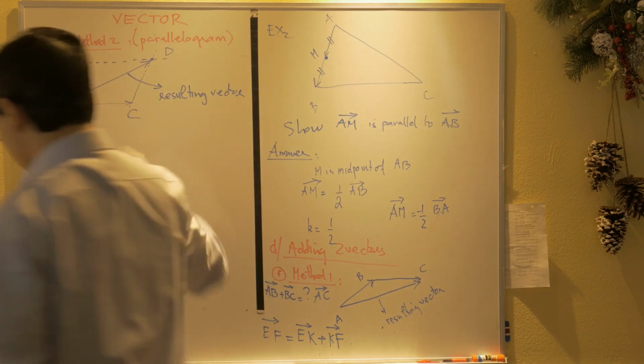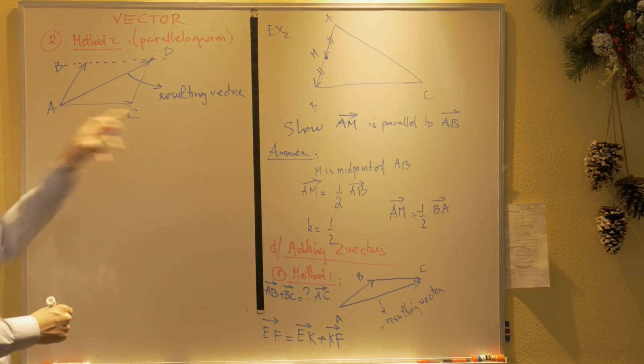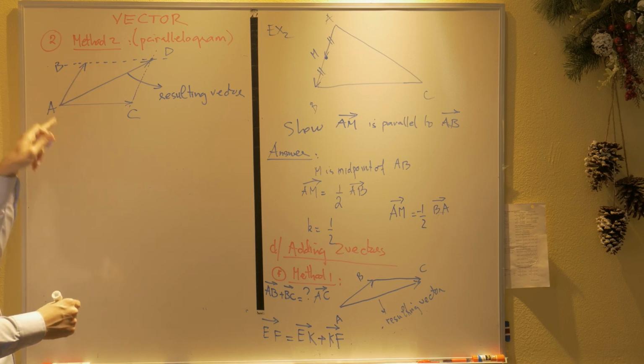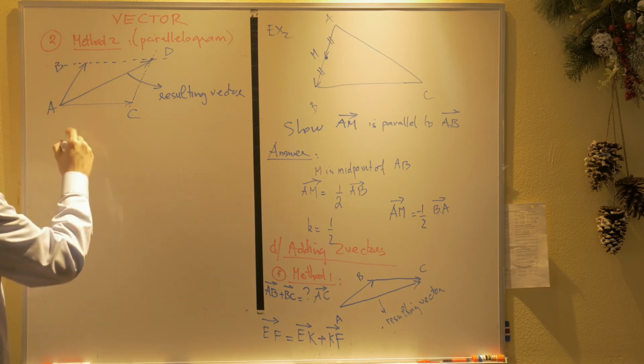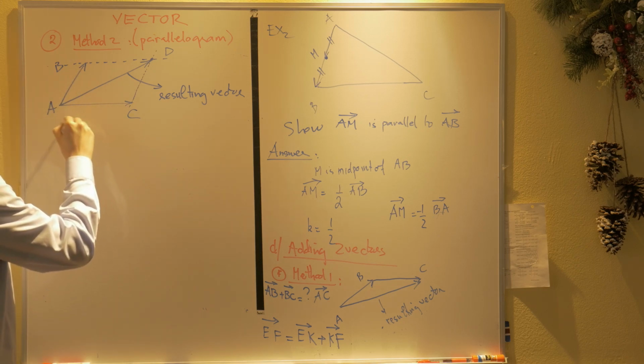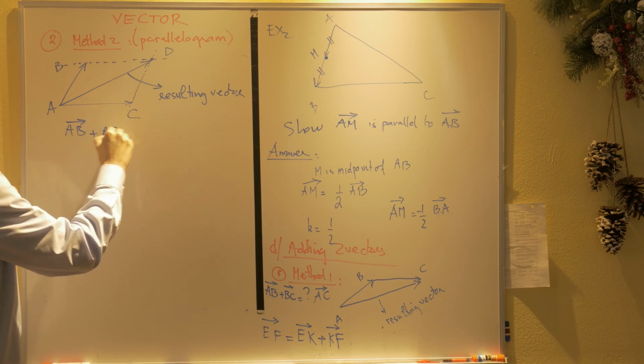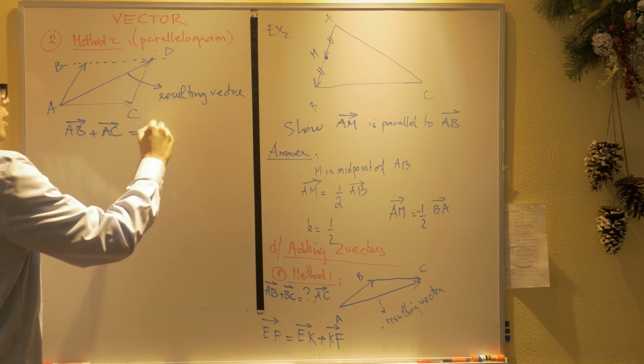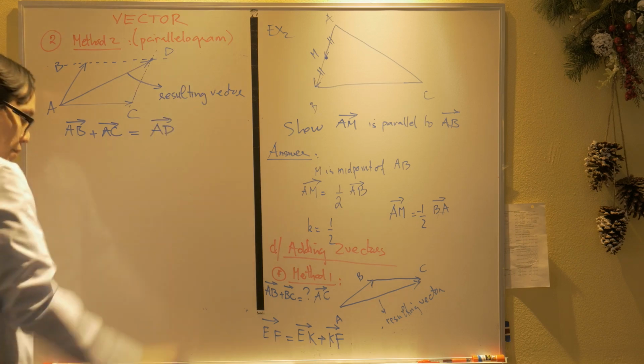So AD is the resulting vector when you add vector AB to vector AC. So I can write: AB plus AC equals AD.